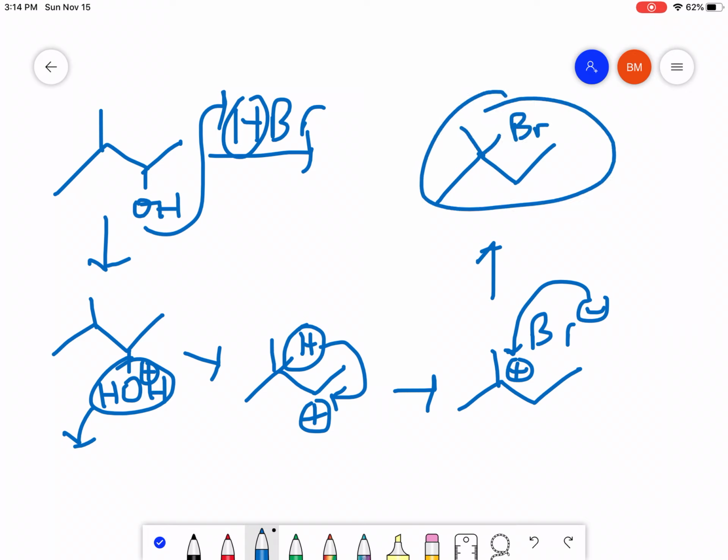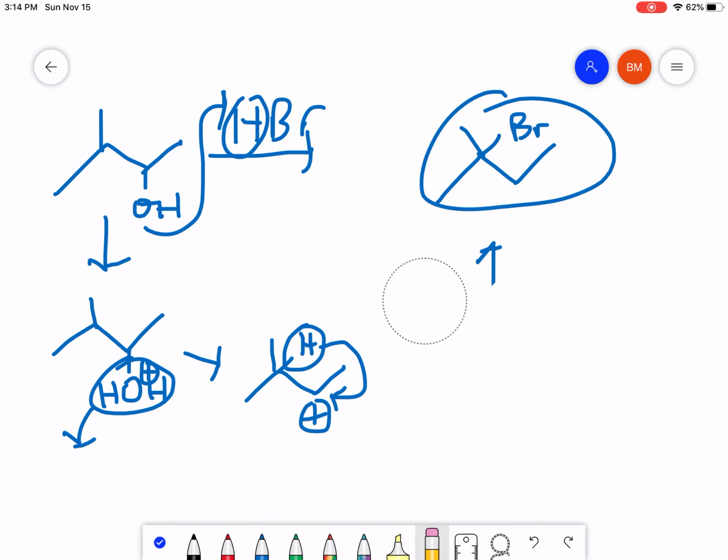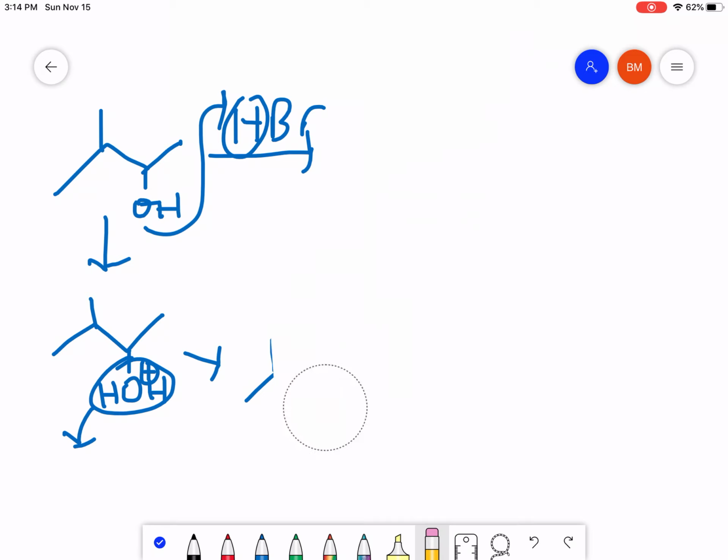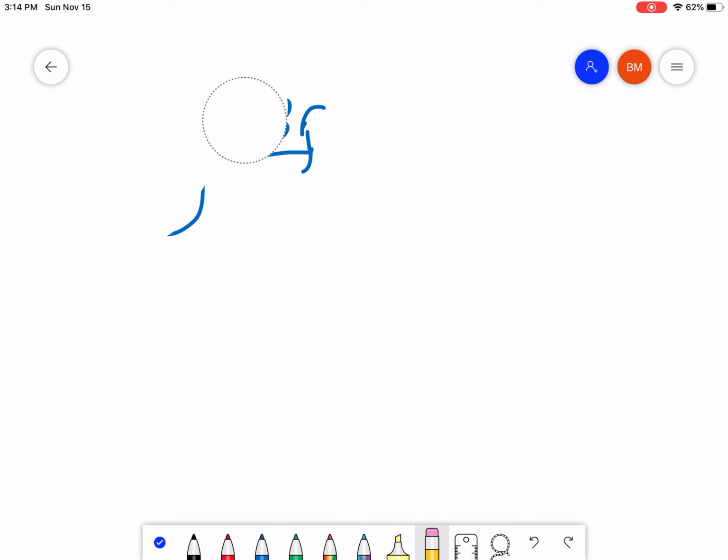So be sure to look out for that carbocation rearrangement as well in these cases. Okay, that is how you use strong halogen acids to make alkyl halides from alcohols.